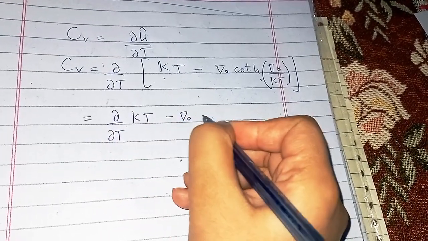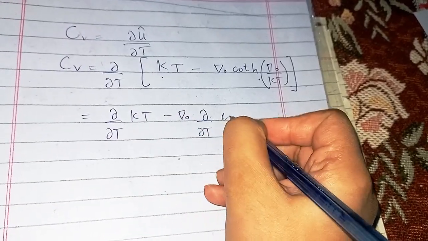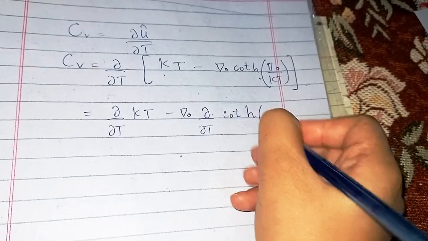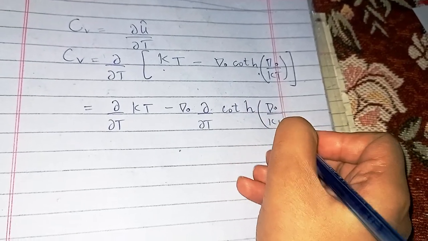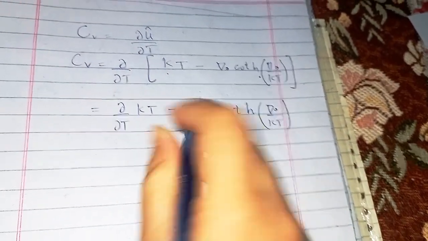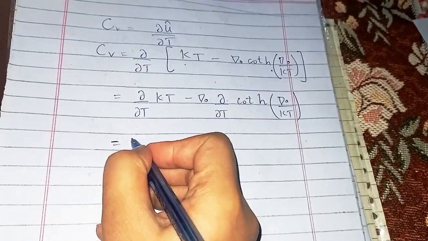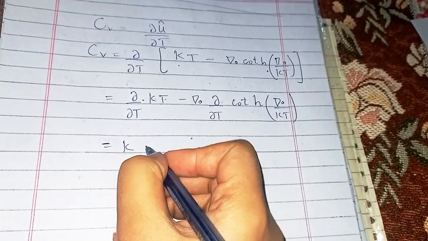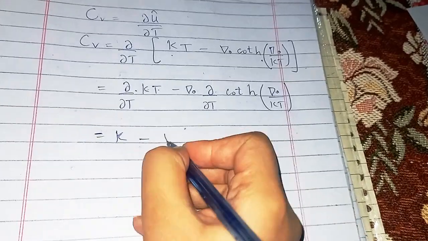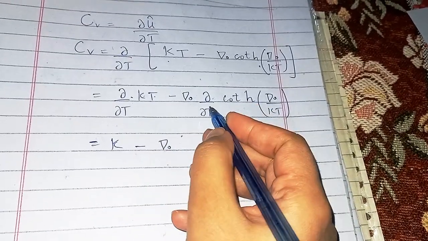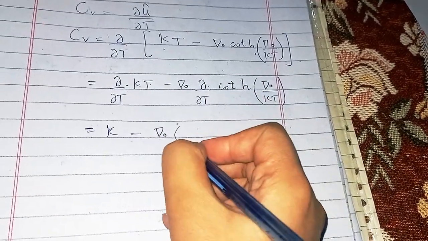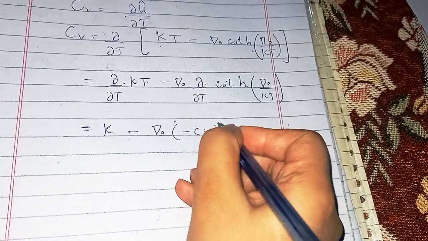So δ₀ will come outside because it doesn't contain t. Partial derivatives only apply on the term with respect to which the derivative is being taken. k will come outside, partial t by partial t will be left, which is 1, minus δ₀. The derivative of cot is minus cosec square.